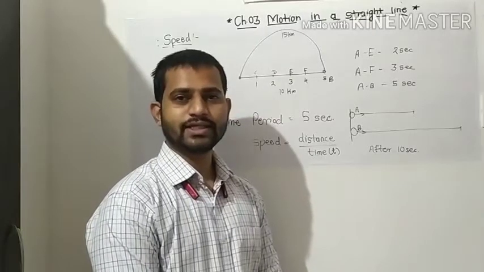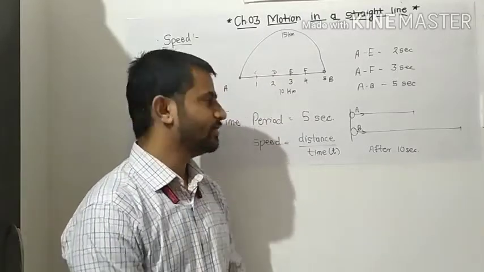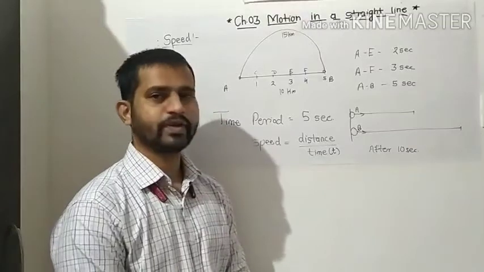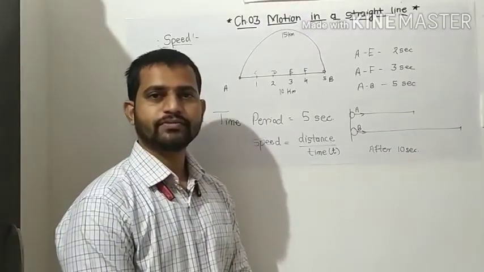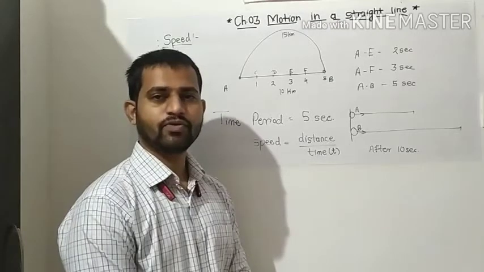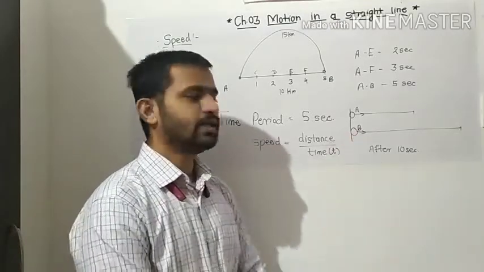So if we calculate speed as distance upon time, which object has more speed? It is point B.